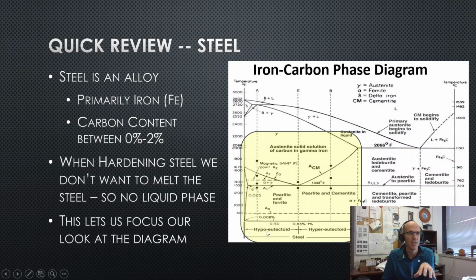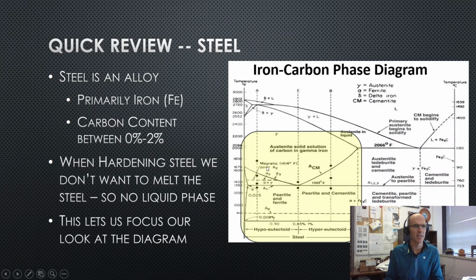So this region in here is all just normal room temperature stuff. And when you heat it up, when you start getting up above here and you start getting into the liquid range, we're no longer hardening our steel or heating our steel. We're casting it, and then we got to come back and do heat treatment anyway. A few interesting things happen in here.